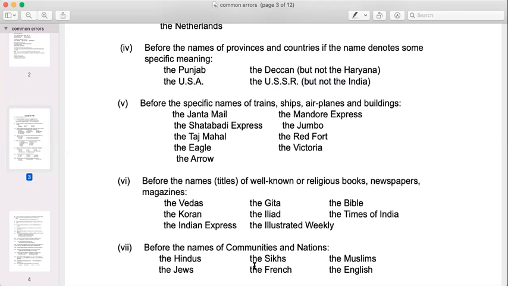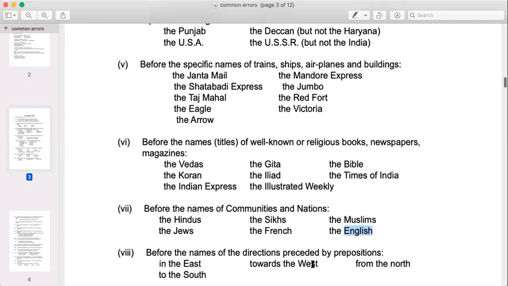Next uses before the names of communities and nations. The Hindus, which means the people belonging to the Hindu religion. The Jews, the Sikhs, the French, people of France, the Muslims, the English, the people of England.